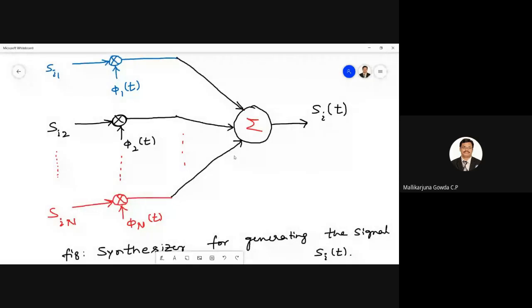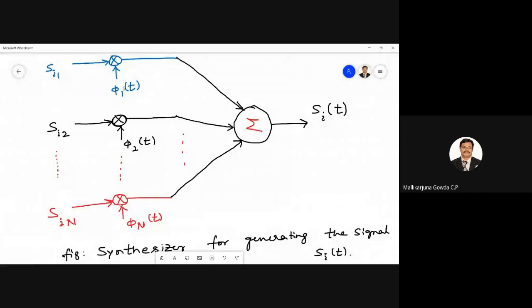So how do you correlate this? Here Si1, Si2 and so on up to SiN, you can think of as the message signals. I have n number of message signals. Then phi1 of t, phi2 of t, phi n of t are all the carrier signals. By multiplying, I get a modulated signal.